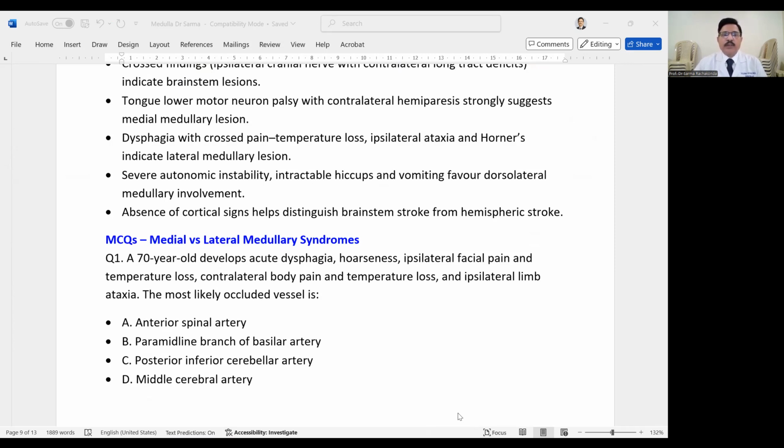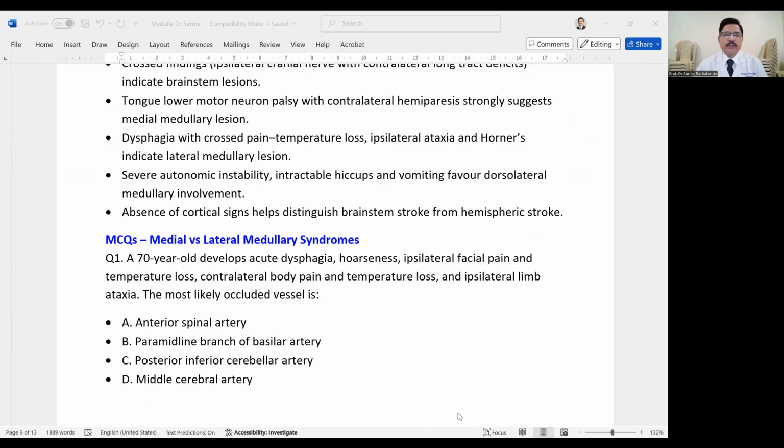They are because of the nucleus ambiguus and vagus. Ipsilateral facial pain and temperature? Spinal tract and spinal nucleus. Contralateral body pain and temperature? Spinothalamic tracts, because they have already crossed. And ipsilateral limb ataxia? Inferior cerebellar peduncle.